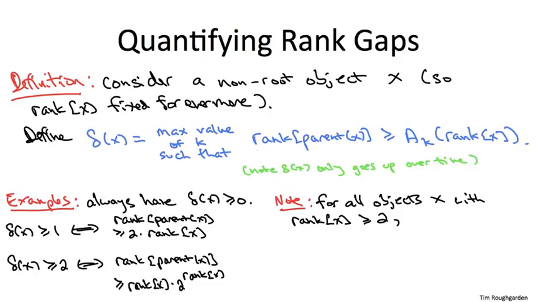If an object x has rank at least 2, its value of delta cannot be any larger than the inverse Ackermann of n, alpha of n. This is really just by the way we define the inverse Ackermann function alpha. We defined it as the smallest value of k such that if you apply a sub k to 2, that catapults you beyond n. And since ranks of objects are bounded above by n, actually even by log n, but in particular by n, you'll never see a delta value bigger than alpha of n for any object x that has a rank at least 2.